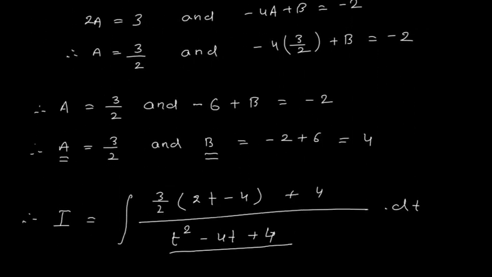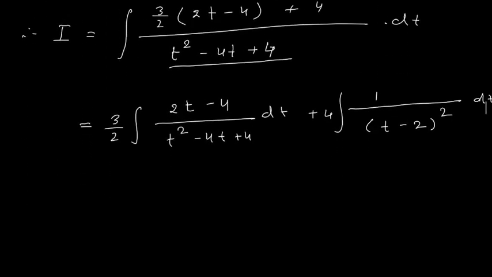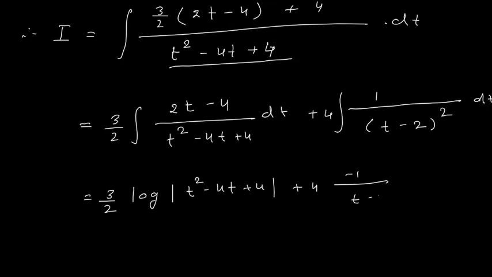The left part is f dash x upon f of x. So this is 3 upon 2 times the log of the denominator, t square minus 4t plus 4, plus 4 times the integration of t minus 2 the whole power minus 2, which becomes minus 1 upon t minus 2, plus c.